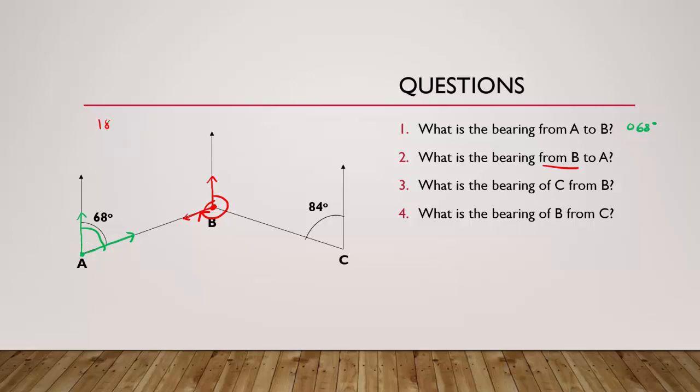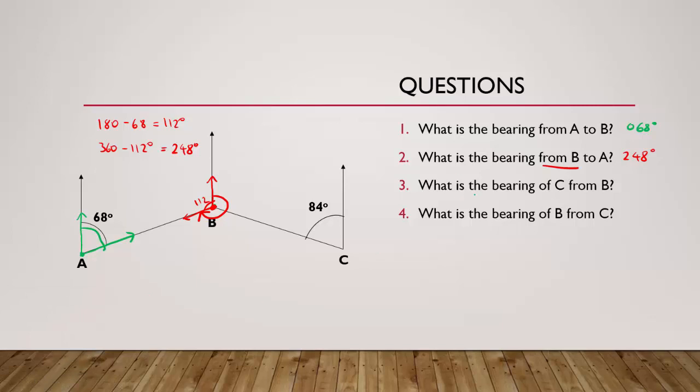So we will do 180 minus 68, which is 112 degrees. This is 112 degrees. Then to work out the big angle on the outside, the big reflex angle, it's a full circle, which is 360. Take away 112, which leaves us with 248 degrees. So the answer here is 248 degrees.